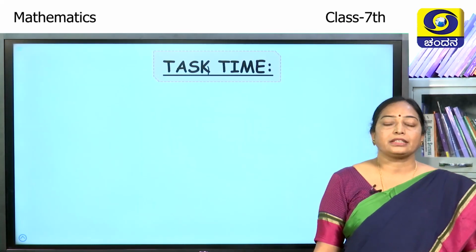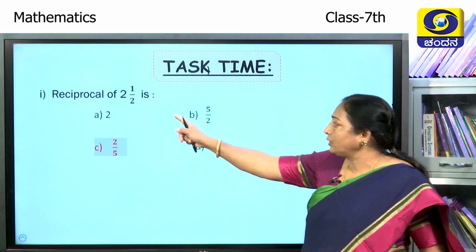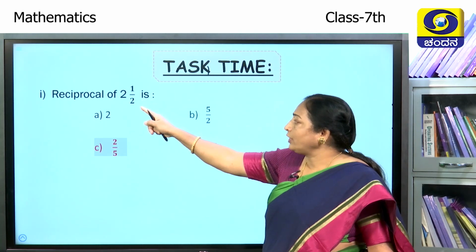Children, it is task time. Reciprocal of 2 1 by 2. What is the reciprocal here? 2 by 5. How did we get this? Here, the fraction is in the form of a mixed fraction.